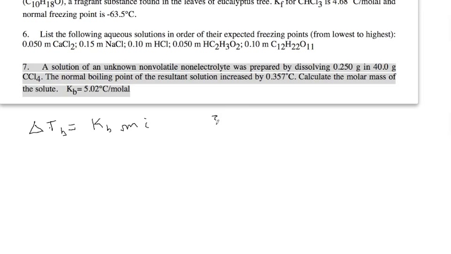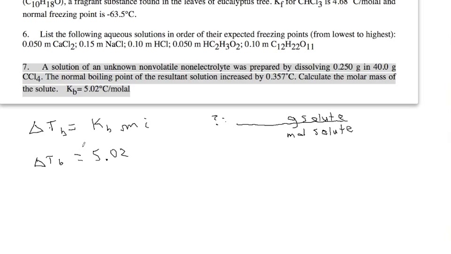And since we know that the increase is 0.357 degrees C per 1 molal, that is equal to Kb, which is 5.02 degrees C per 1 molal, times m times i.